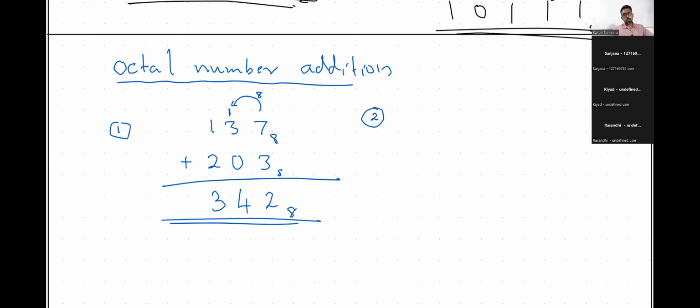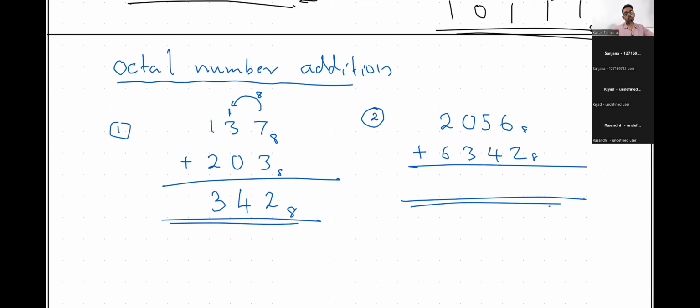Right, next number, 2056. Both the numbers are octal. Okay, base 8. Then your answer should be base 8 as well. Right, 6 plus 2 is 8.